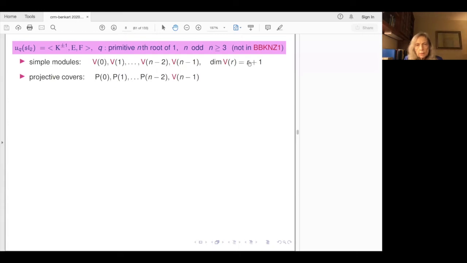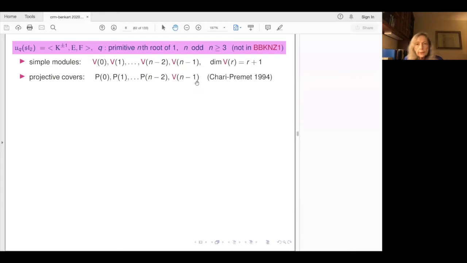So notice here that this last module, of dimension n, is both projective and simple. And this is kind of the analog of the Steinberg module. It behaves very much like the Steinberg module for Chevalley groups, for algebraic groups. So it plays a very special role here.